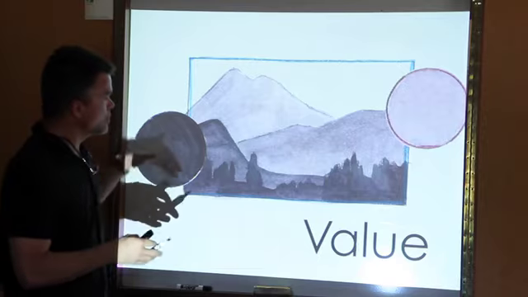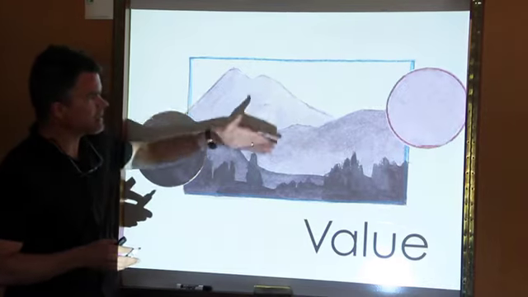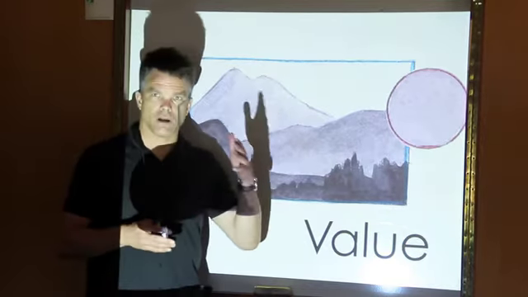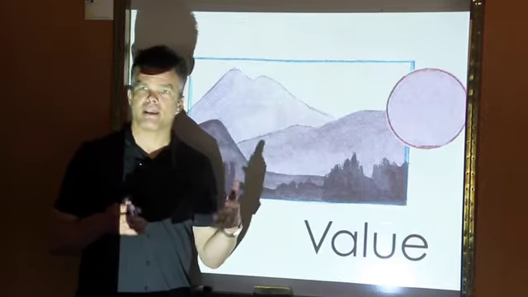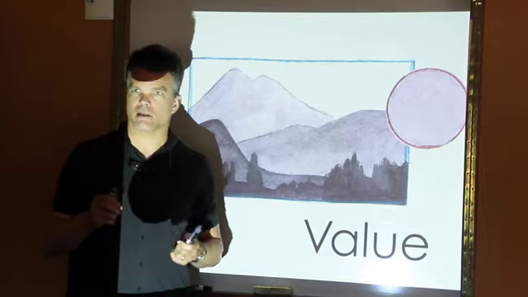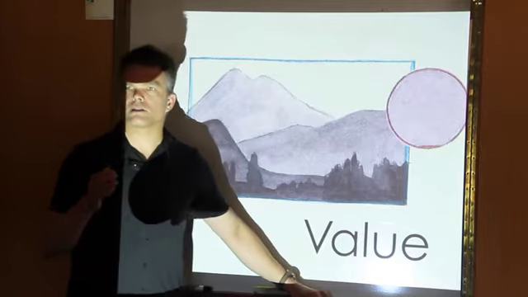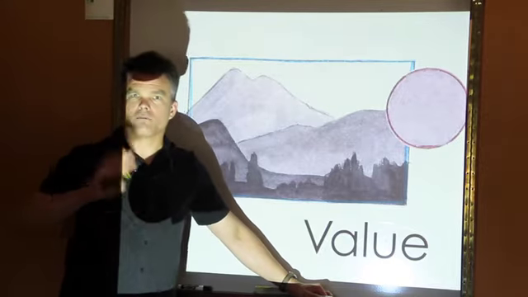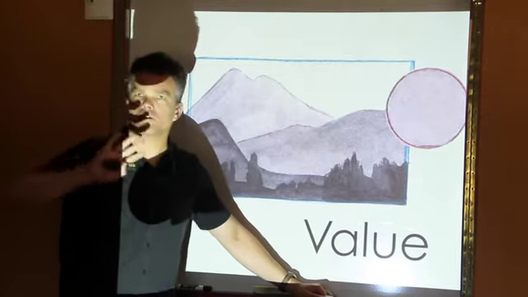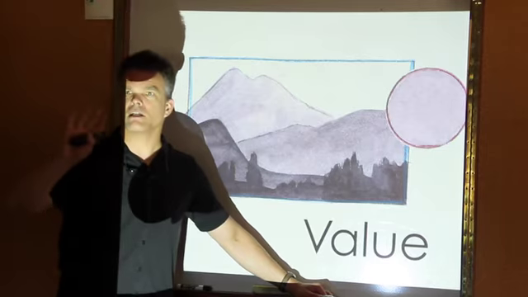Right? As you go back in space, you're looking through a lot of atmosphere. And the atmosphere has little water droplets in it. Water droplets scatter sunlight. And what that does is makes a hazy filter between you and whatever you are seeing back there.